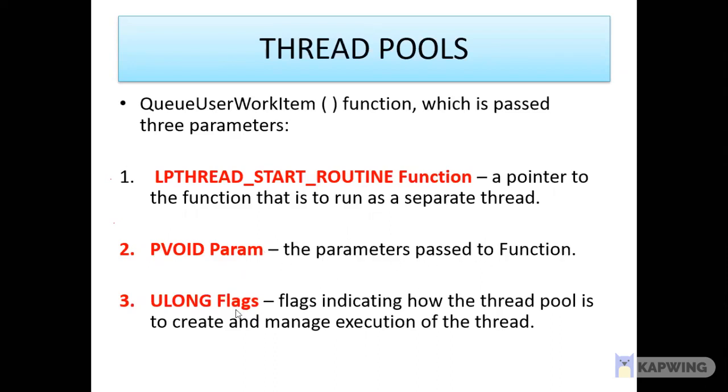And the last one is a ULONG flag. Flags indicate how the thread pool is created and manages execution of the thread. So these are the three parameters passed to the QueueUserWorkItem function for getting a thread from that pool. Multiple threads are created and put in that pool, and using this function we can get access to that thread using these three parameters.